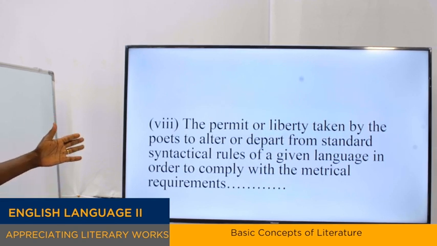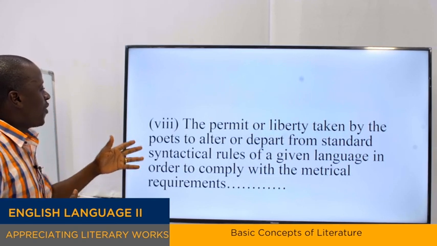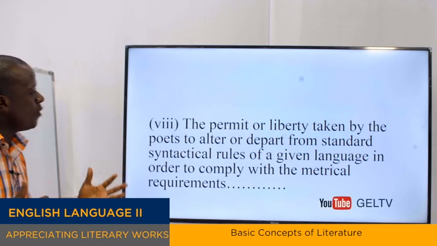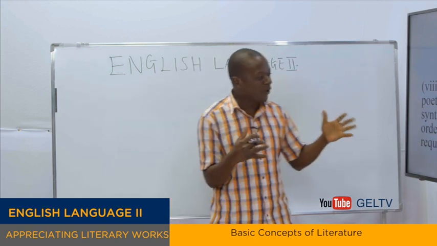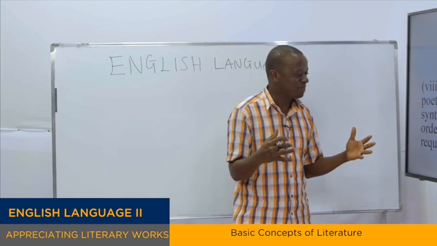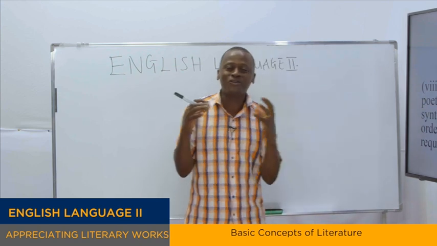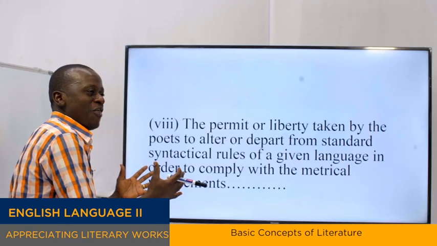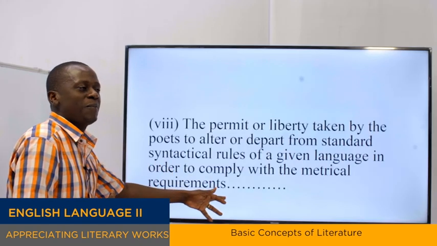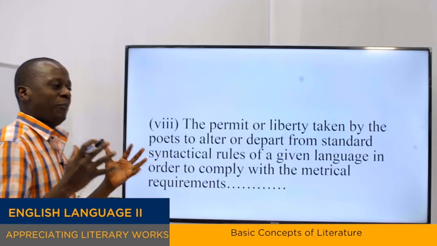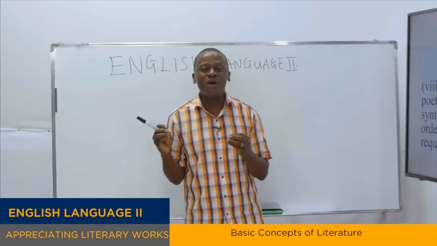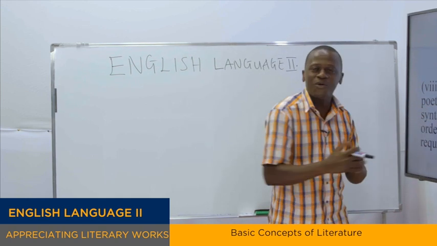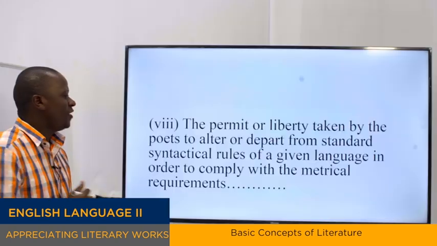Students, now let's move to Roman 8. As it reads on the screen, a permit or liberty taken by the poets to alter or depart from standard syntactical rules of a given language in order to comply with metrical requirements. Now, can you tell the concept that fits here? When poets purposely deviate from the syntactical rules of the given language. It's a permit.